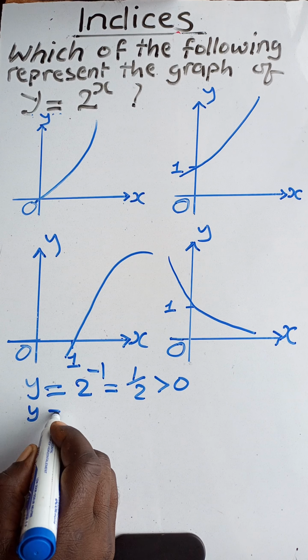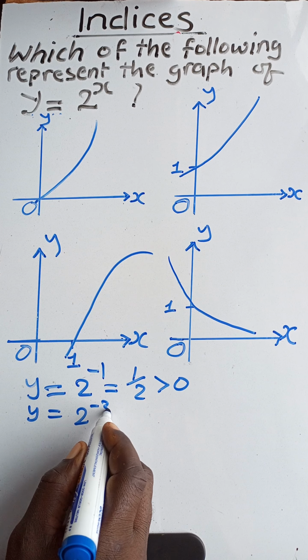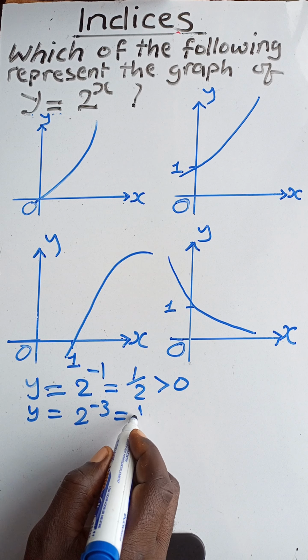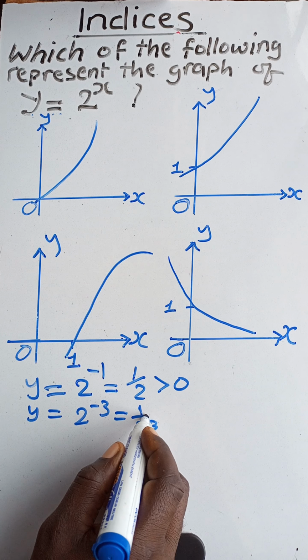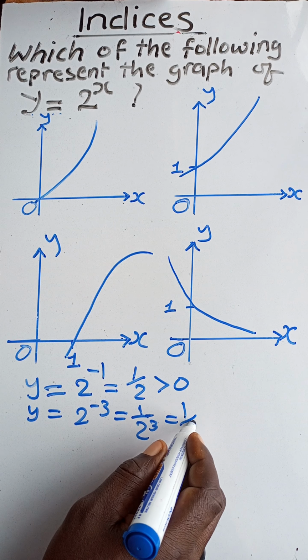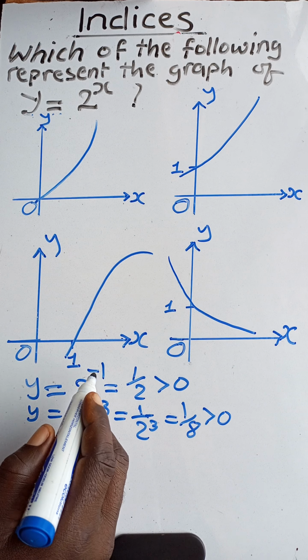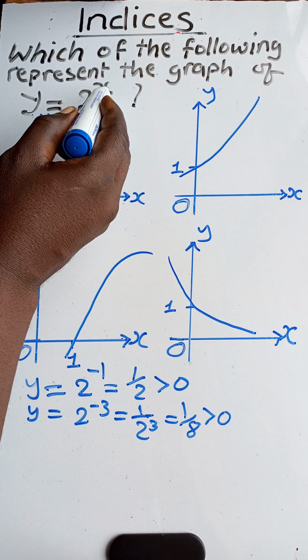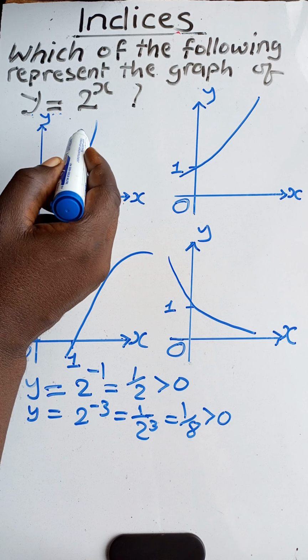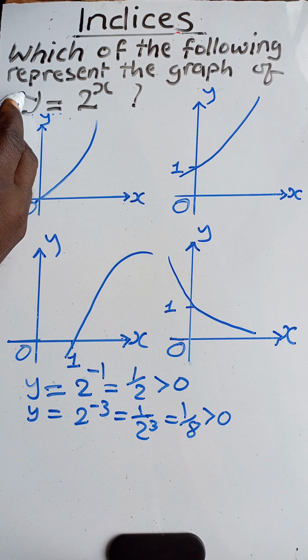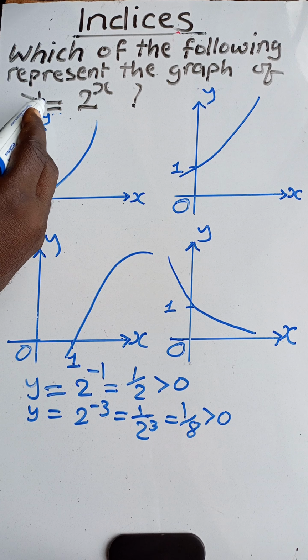If the value of x is -3, this means 1 all over 2 to the power 3, which is 1 all over 8, and this is greater than 0. In fact, there is no value of x that will render this expression 0. And so we don't expect y to be equal to 0 for any value of x.